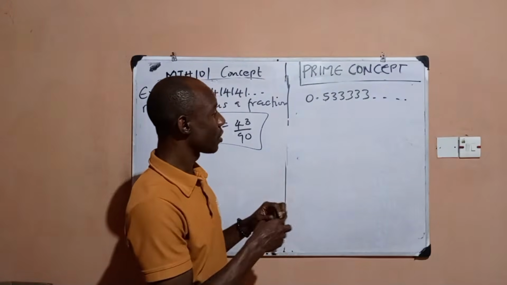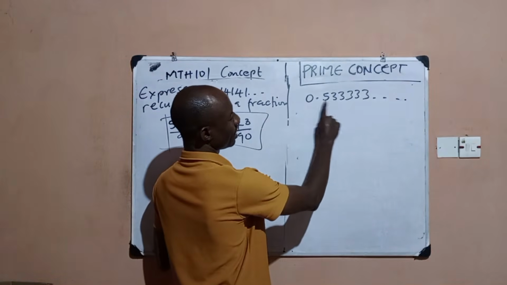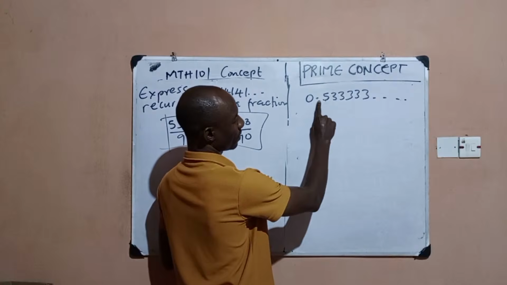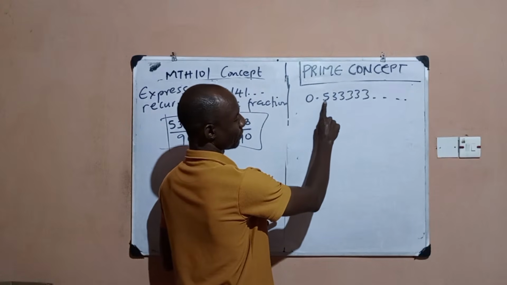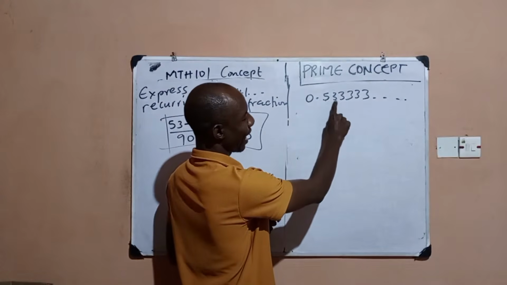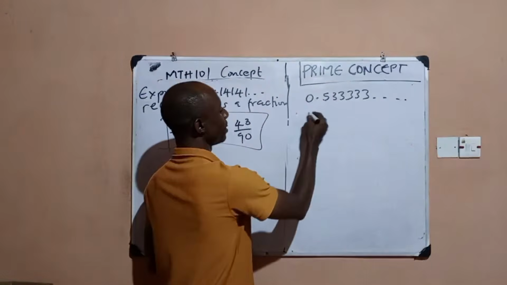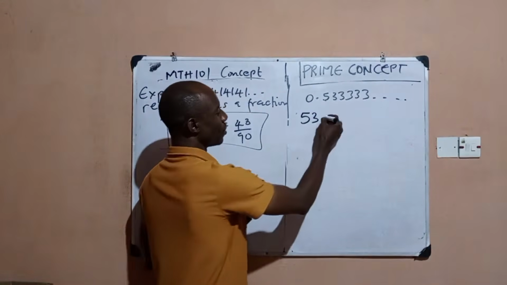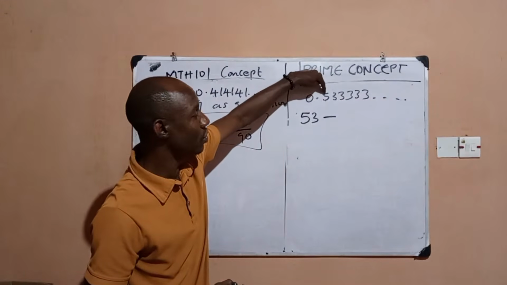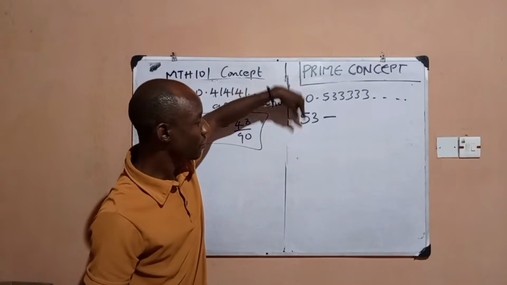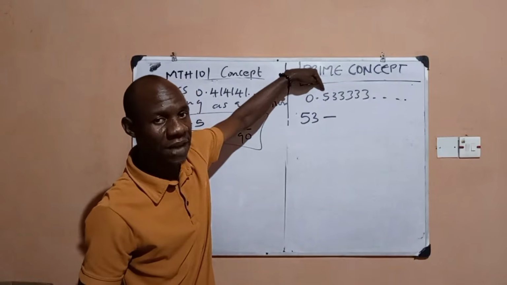So the shortcut is you pick the first 2 digits after your decimal point, because you know 5 is an awkward number. So you pick 5, which is the awkward number, and the first number that is recurring. That is what gives me 53. You subtract from 53 the number that is not recurring, which is 5.